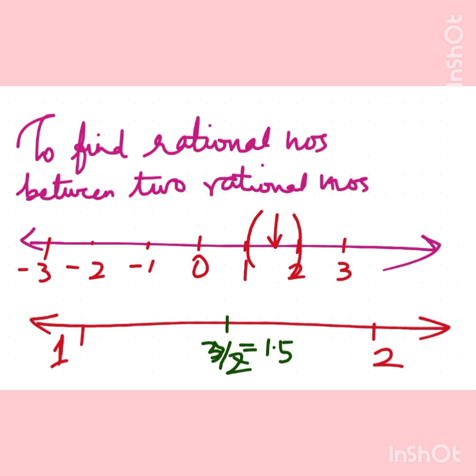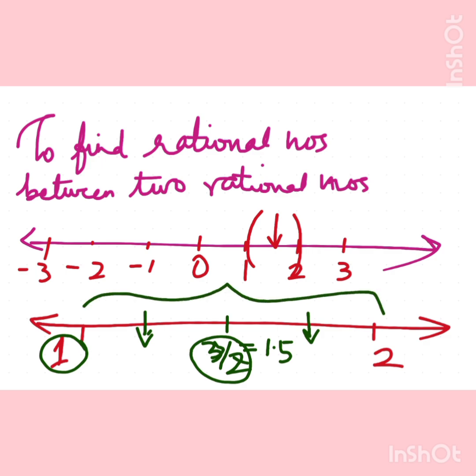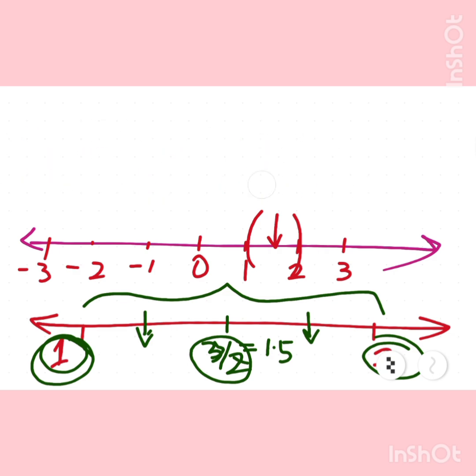Similarly, you can find many rational numbers between 1 and 2, between 1 and 3 by 2, and again between 3 by 2 and 2. So you can find infinitely many rational numbers between 1 and 2. This is called the denseness property of rational numbers. They lie densely: you have so many numbers between two rational numbers.